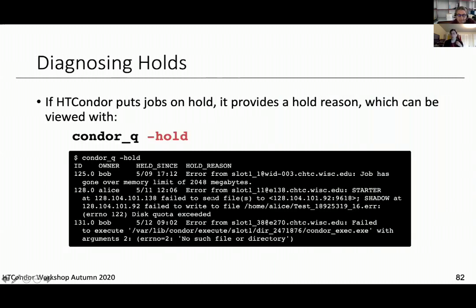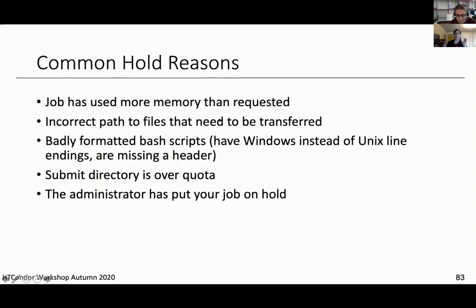You can view just the held jobs, and why they're on hold, by using the -hold flag with condor_q. Here we are again. It'll print out a job ID, when it was held, and a hopefully informative message about what's wrong. The hold messages displayed here correspond to the common hold reasons listed on this slide.